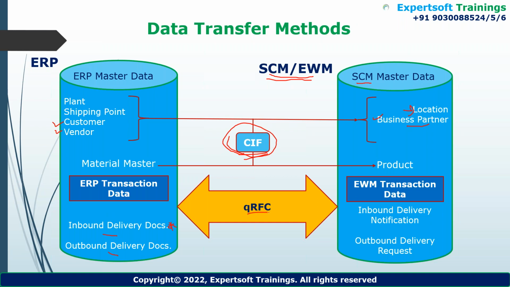That was done by QRFC. This is a very old methodology, nothing new in it. A lot of people are already working with it in other modules. These queues will take all the data and transfer it to your EWM system. Mostly people will use immediate queue creation, and it will transfer it to your EWM system.